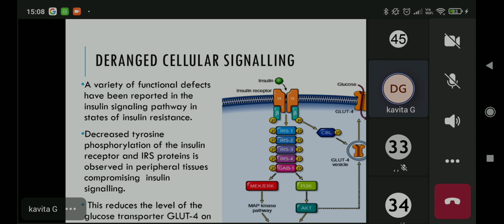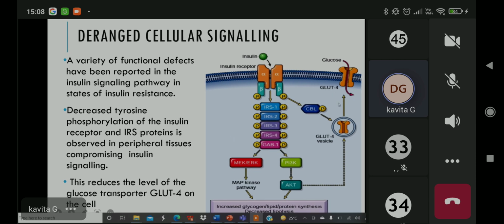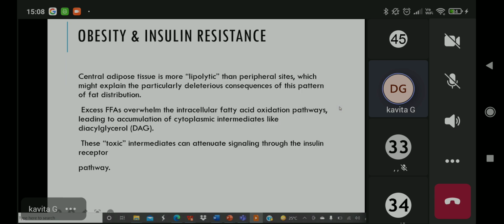Now, उससे क्या होगा? Insulin signaling अगर गड़बड़ होगी, so there's a reduced level of GLUT4 car. I call it the GLUT4 car. तो इनकी गाड़ी खराब हो गई है. It is reduced on the cell, and so the glucose transport also is being affected.